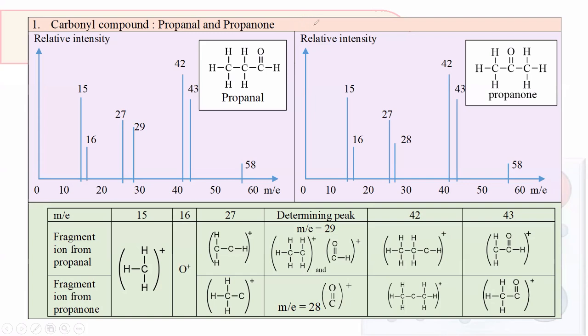Now both of them have the same formula of C3H6O. It's just that they present themselves in a different form, where C3H6O may be propanal, and C3H6O may be propanone.